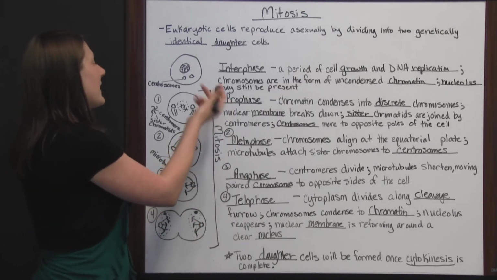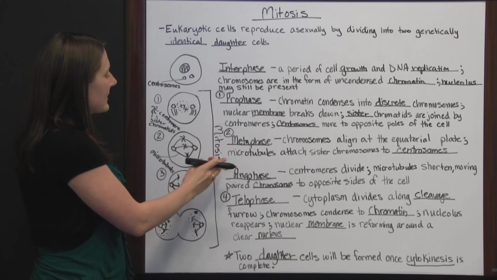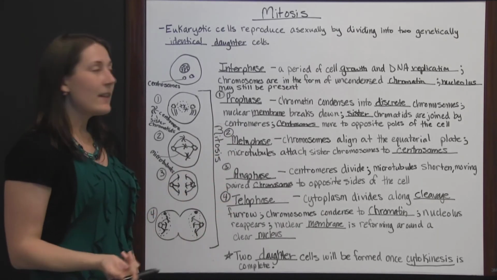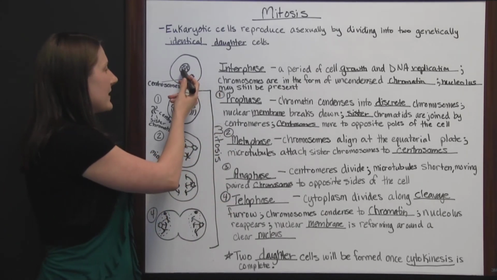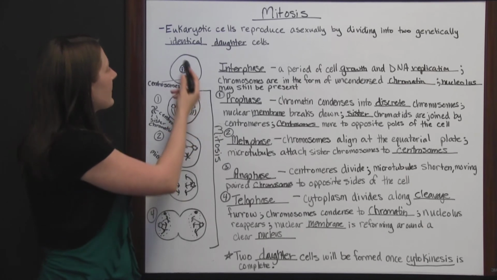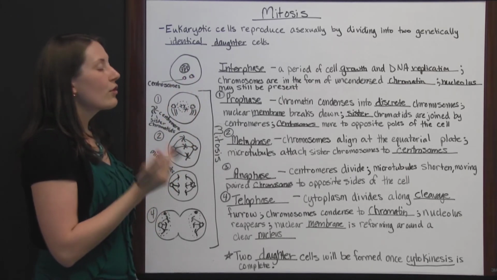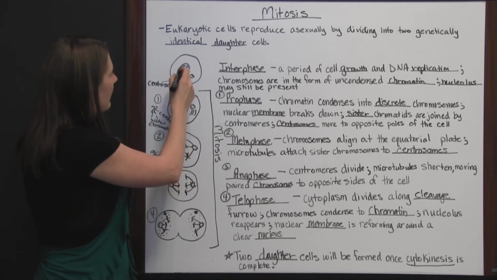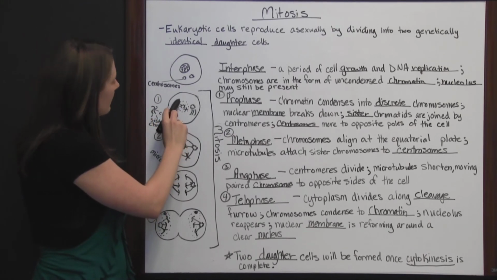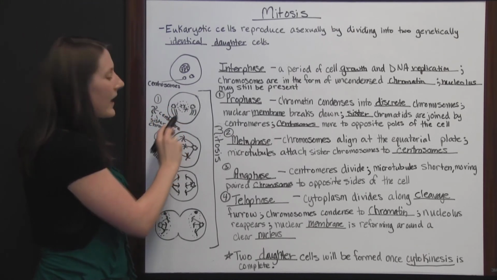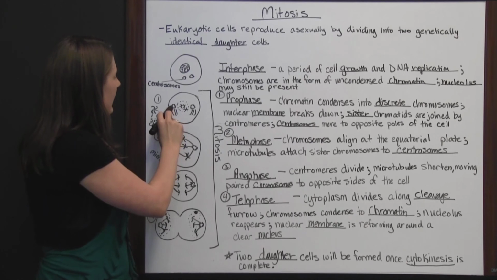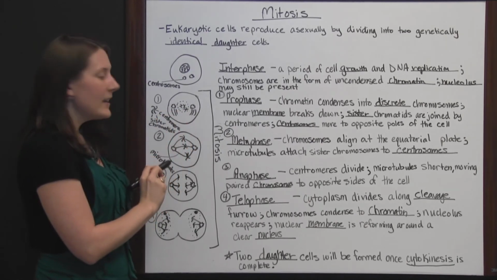It goes through interphase, prophase, metaphase, anaphase, and telophase. So it starts off with this uncondensed DNA, this uncondensed chromatin genetic material. The chromosomes form little pairs, and the centrosomes come to either side.